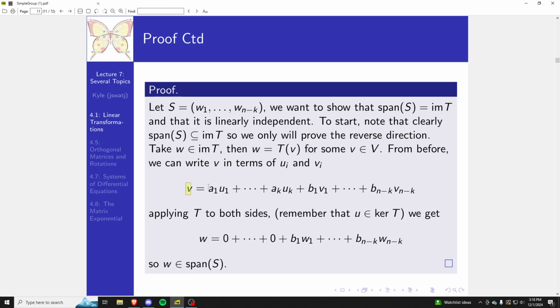V is obviously in V, so we can write it in terms of scalars like this. And so we apply T to both sides, right? And we actually get w over here, because we said that w was the output of T of v. And we get a bunch of zeros here, plus b1 times the output of each of these v1 all the way up to vn minus k. And the reason that we get 0 over here is because this ui, this vector here, is part of the kernel, right?